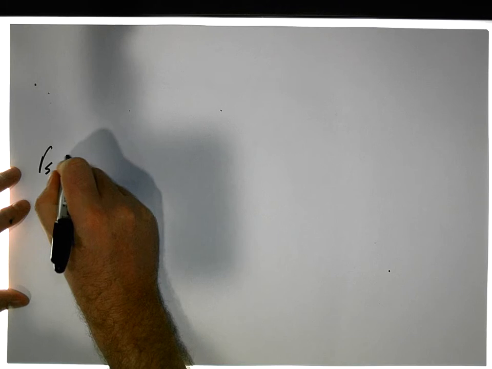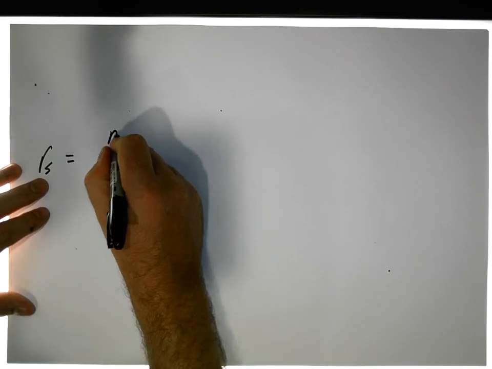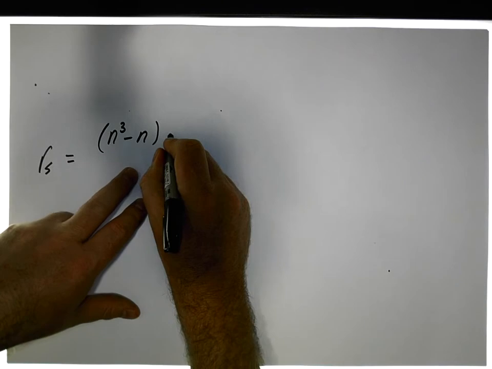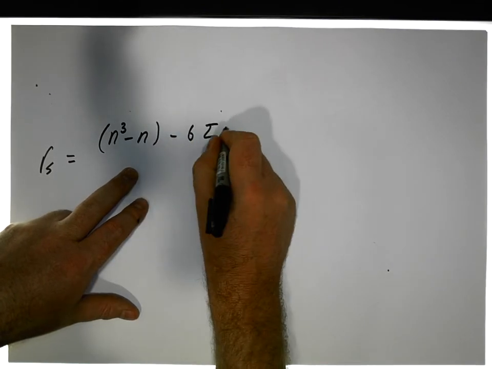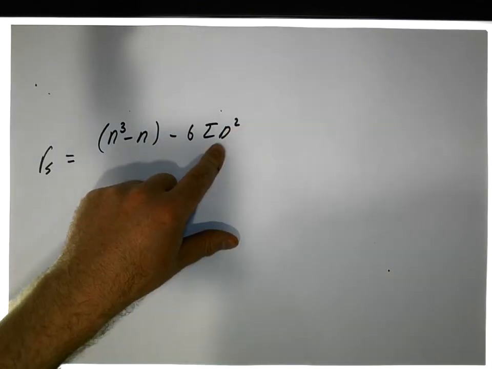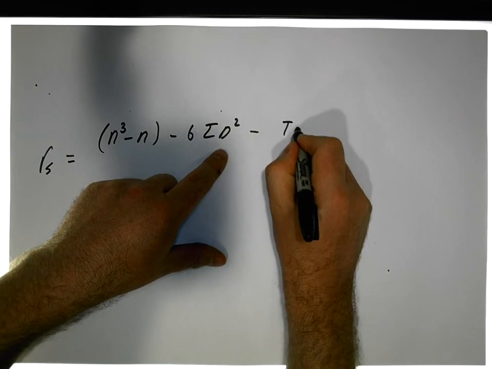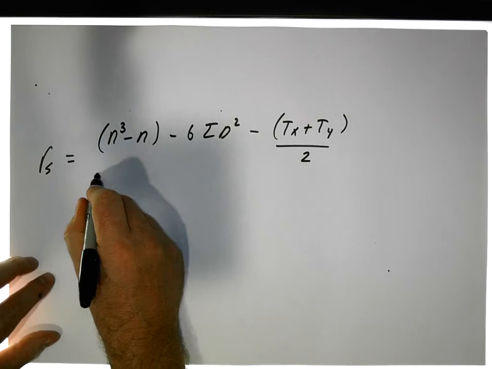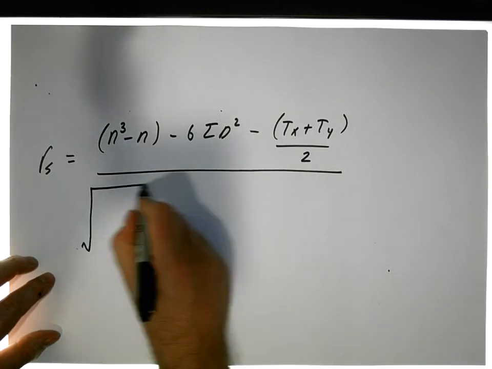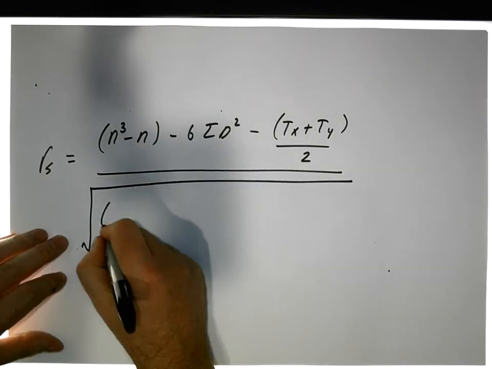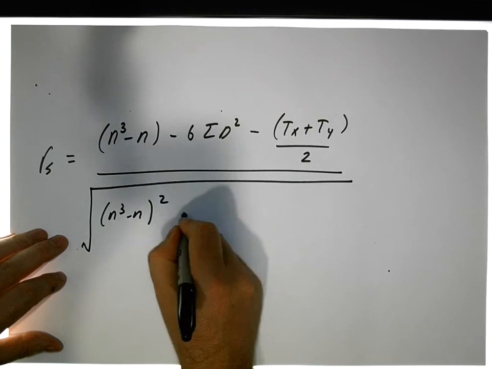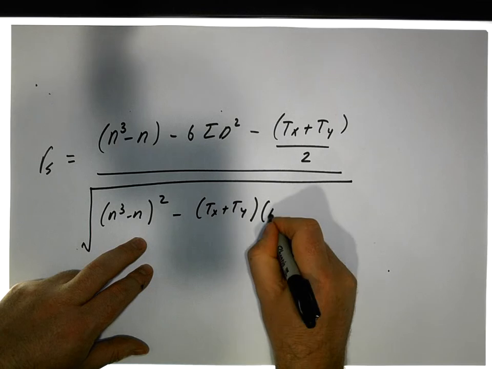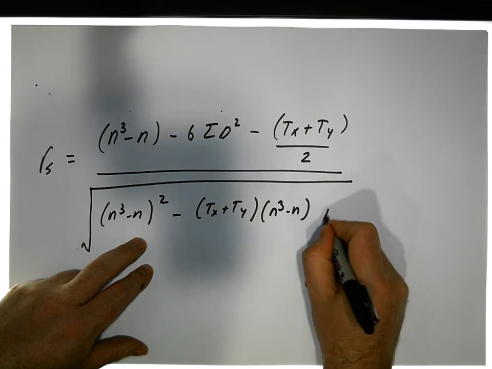Rs is equal to the number of paired observations cubed minus the number of paired observations, minus 6 times the sum of the differences in the ranks squared, minus the t of x value plus the t of y value, divided by 2, and that needs to be divided by the square root of n cubed minus n, all squared, minus t of x plus t of y, times n cubed minus n, plus t of x times t of y.